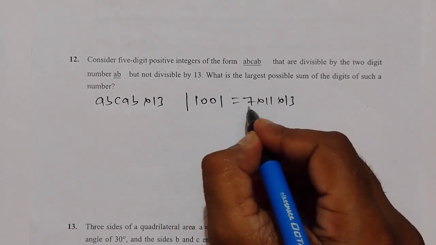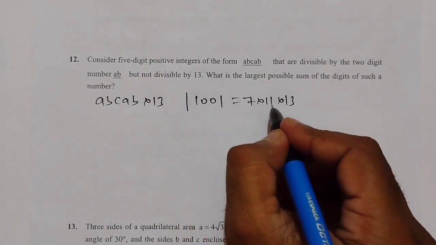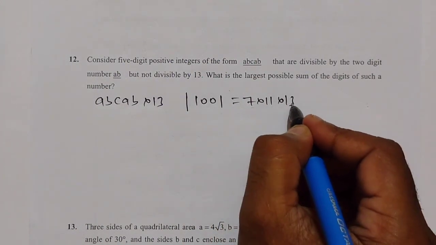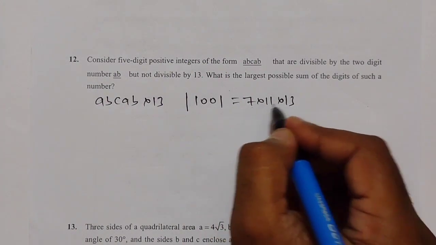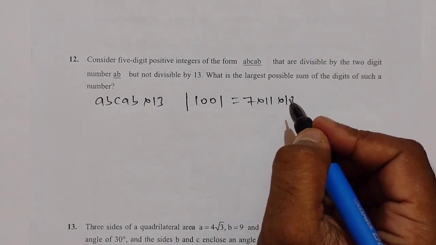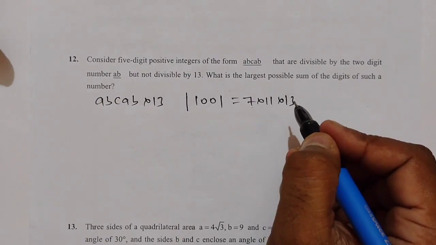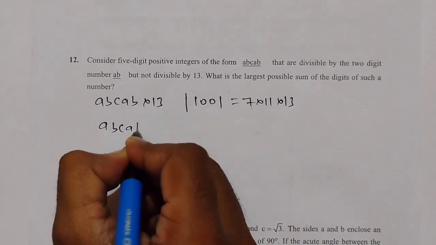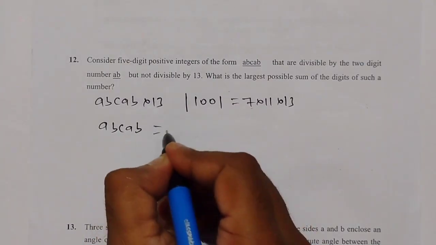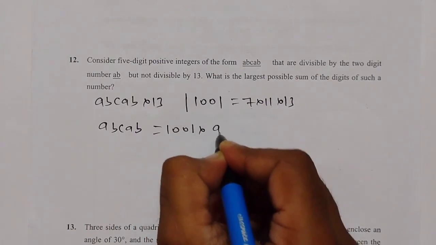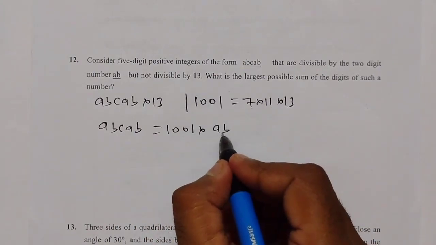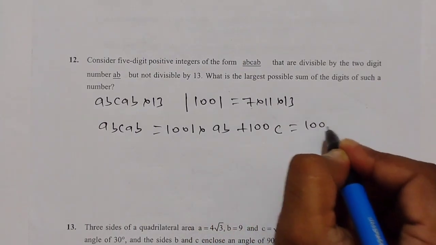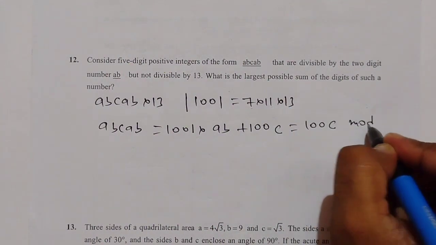These are the prime factors of 1001: 7, 11 and 13, and all the pairs like 7, 11, 11, 13 and 7, 13 are co-prime numbers, and pure prime numbers. So in this case we can write ABCAB as 1001 into the two-digit number AB plus 100C, and this is equal to 100C mod 13.